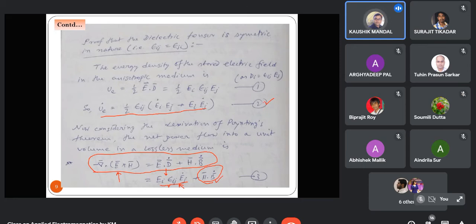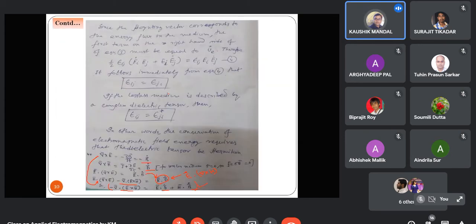Now, if you compare this equation number 2 with equation number 3, that means the first term of the right hand side of equation 3 will be equal to equation number 2 that is written in the next slide. That is half of epsilon_ij E_i dot E_j plus E_i E_j dot, equal to epsilon_ij E_i E_j dot. There is a dot here, I don't know if it is visible, E_j dot.